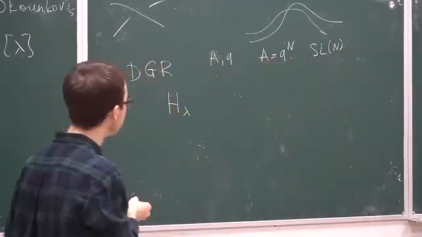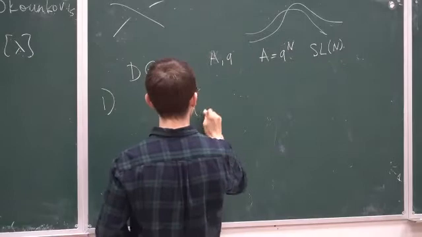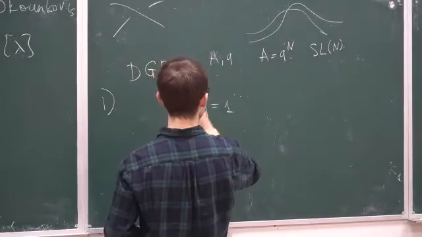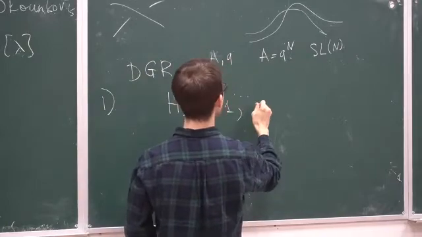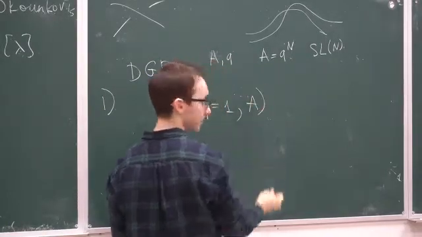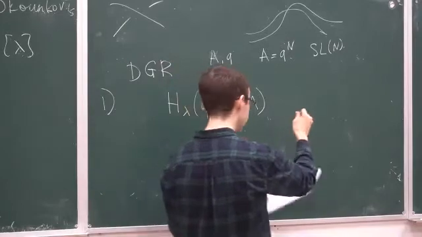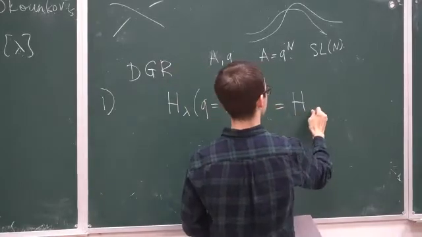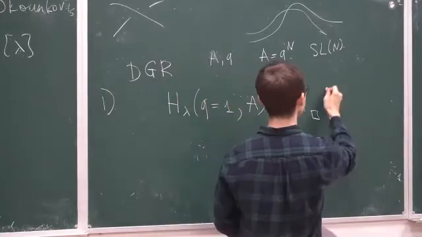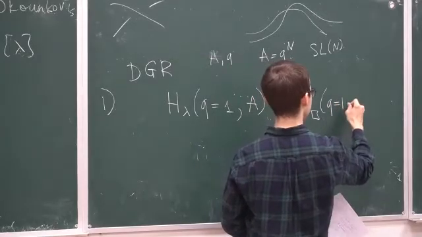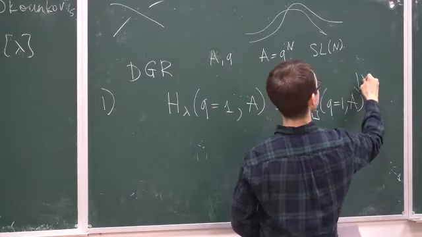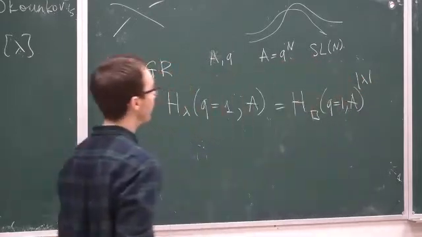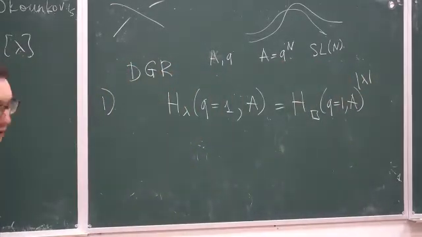There is this stabilization property: if we substitute into H_lambda for a knot Q equal to 1, and literally A, then this is just the trivial polynomial when Q equals 1, to the power which is now the number of boxes.